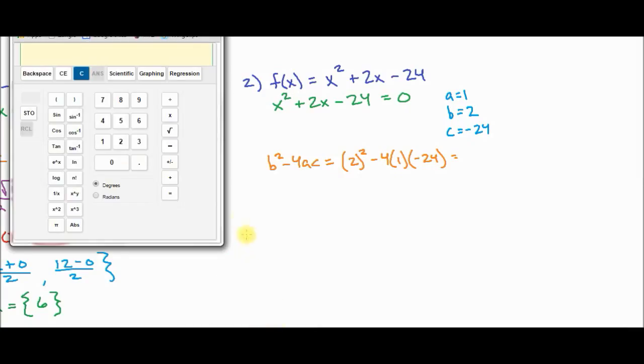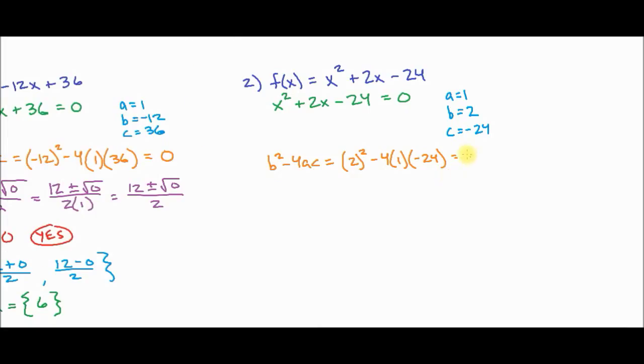So I'll bring up our calculator, and I will plug in the parenthesis 2 parenthesis squared minus 4, and then we'll put the a in parentheses, and we'll put the c value in parentheses and press equal, and we end up with exactly 100. So our discriminant is 100.